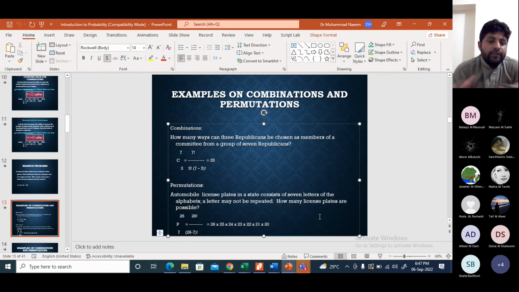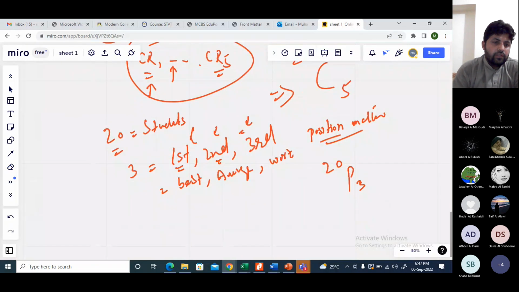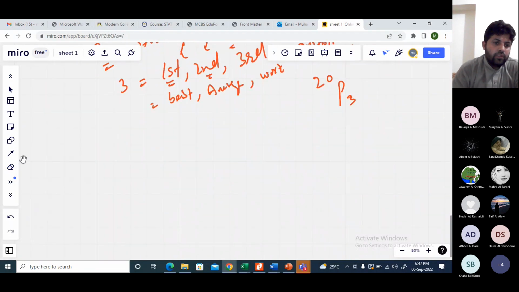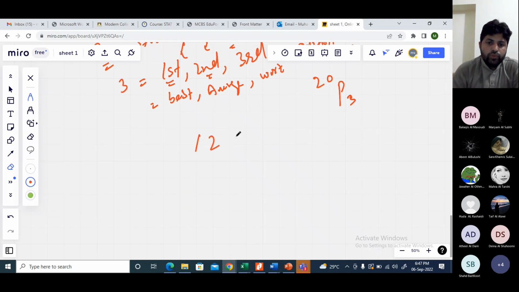And you see here why the order is important. For example, if your car number is 1, 2, 3, so maybe can you write 3, 2, 1 instead?